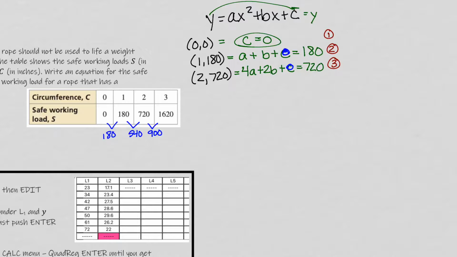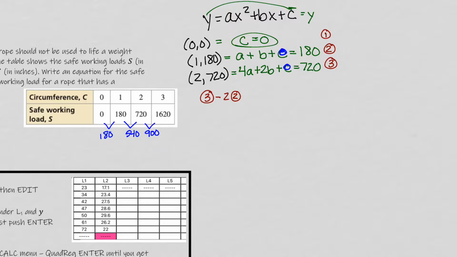So let's just solve for b, it has lower numbers. I'm going to take equation 3 and subtract 2 times equation 2. The only problem is I need that b to be a 2 for it to work out. So I'm going to say minus 2 times equation 2, because 2b minus 2b would be 0.